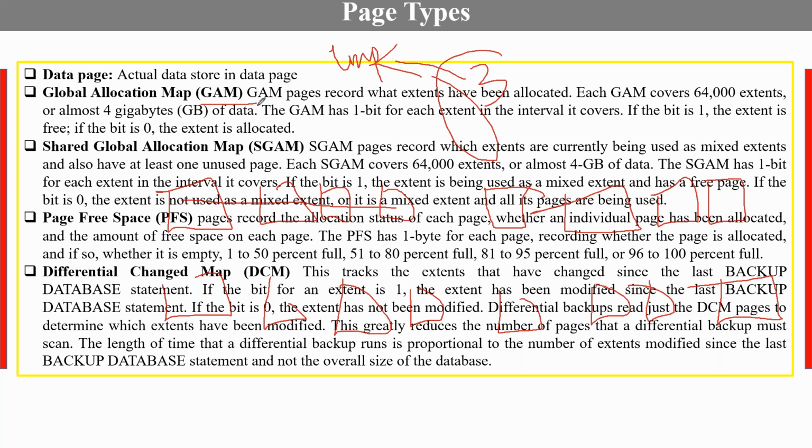Whatever 64,000 extents the GAM has, that complete info is also available in the SGAM, whether it is a mixed extent or uniform extent, and whether that extent has any unused pages. It tracks the complete 64,000 information in the SGAM. Okay, got you?